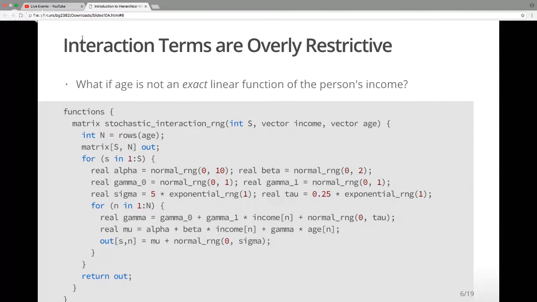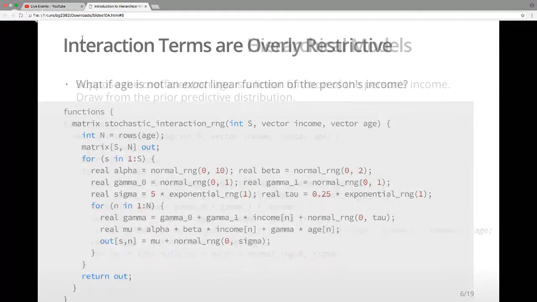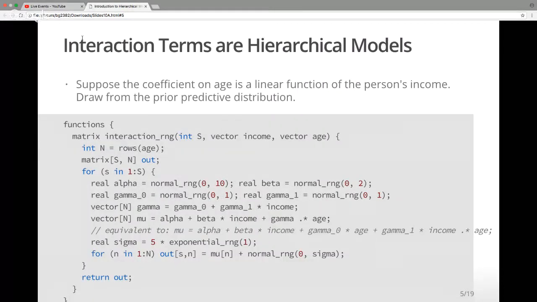But even so, I would argue that this is a more realistic data generating process, because you're not imposing a pretty dogmatic assumption that the coefficient on age is a deterministic linear function of income. It's a linear model within a linear model. It'd be weird if you said, okay, my outcome is an exact linear function of my predictors with no error.